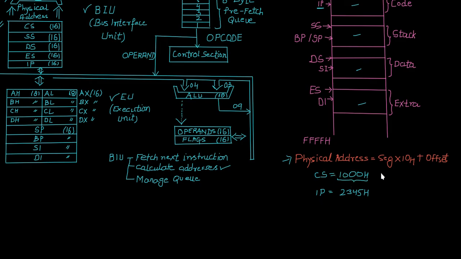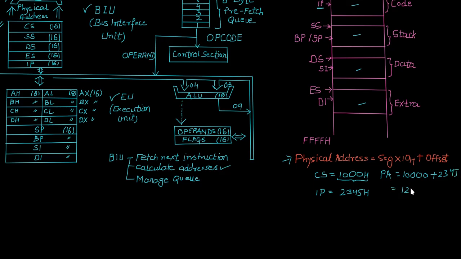So to calculate the physical address, what we will just do is we will append a 0 in front of the segment register, so it will become 1 0 0 0 and another 0, and then we will add the offset address, which is 2 3 4 5. So what is the physical address that we have obtained?